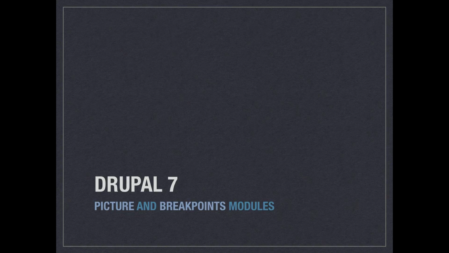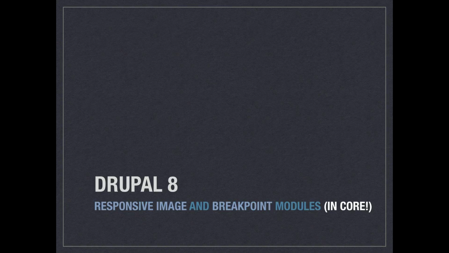And it'll take care of writing all that markup for you. And in Drupal 8, it's the responsive image and breakpoint modules. And those are built into core. Responsive image isn't turned on automatically. You have to go in and manually turn that on. But it's built right into Drupal 8. And that's really cool and useful.